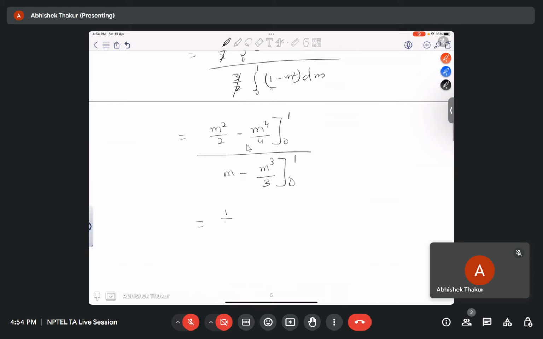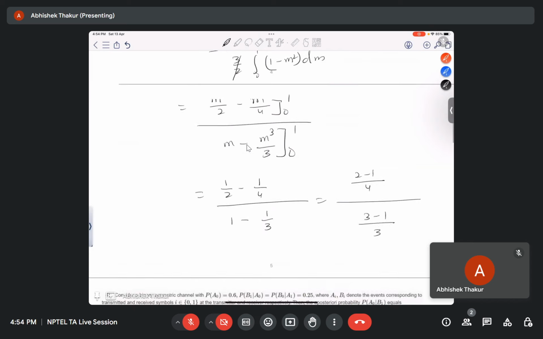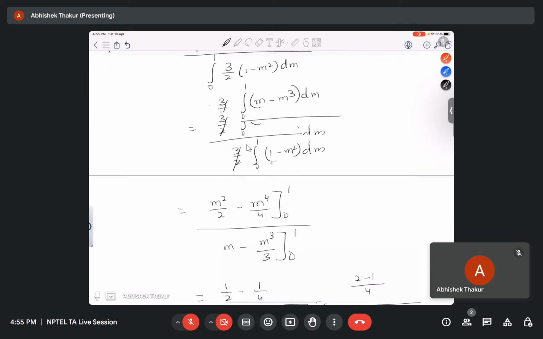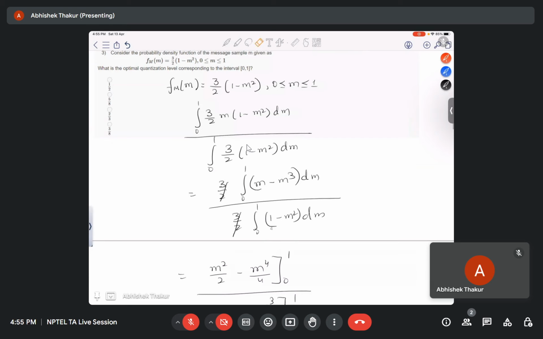The value is 1 by 2 minus 1 by 4, and when you put m equal to 0, the other term will be 0. Here 1 minus 1 by 3. So the values are (2 minus 1) by 4 divided by (3 minus 1) by 3, that is 1 by 4 divided by 2 by 3. The correct answer for this question is 3 by 8. So option D is the correct answer for this question.